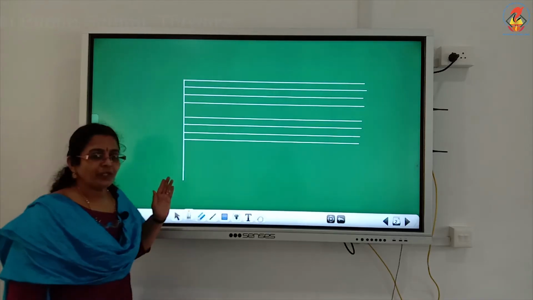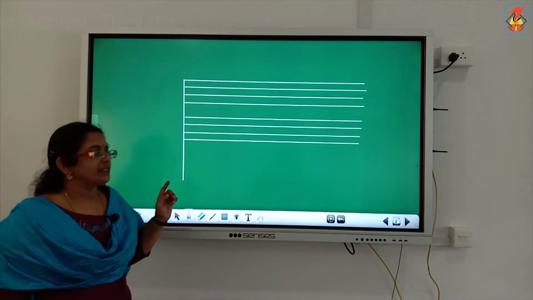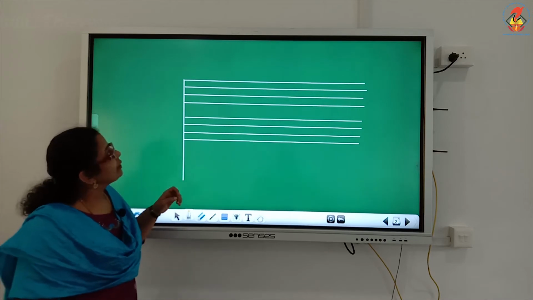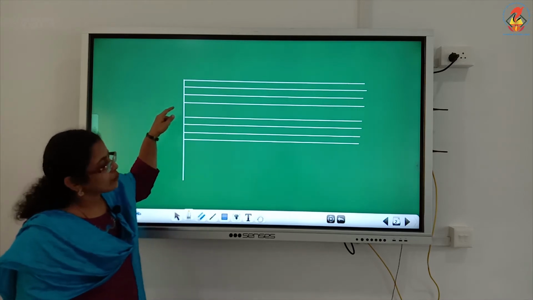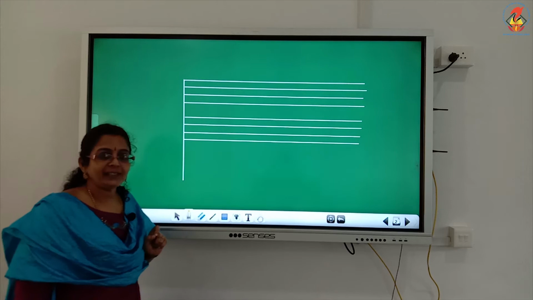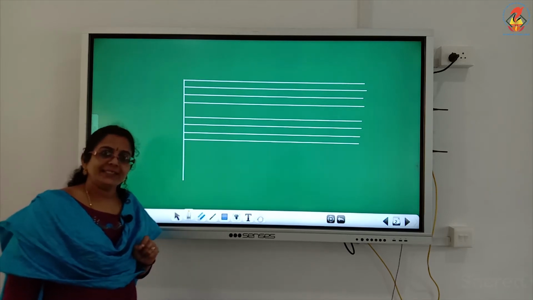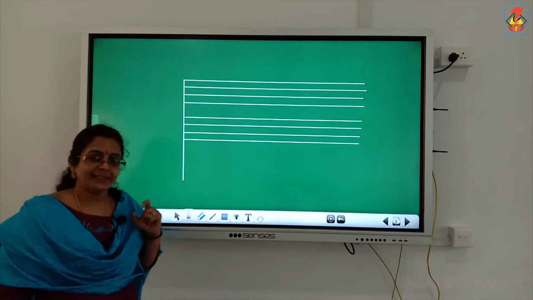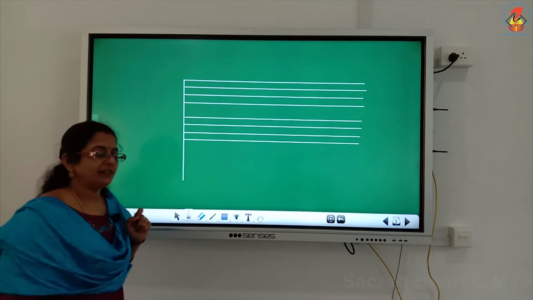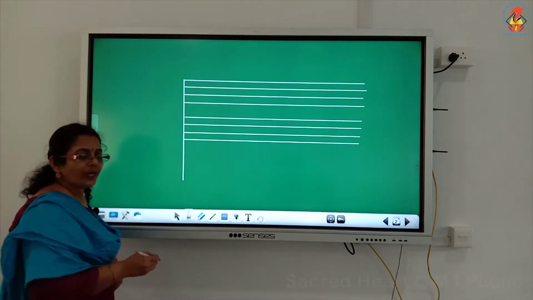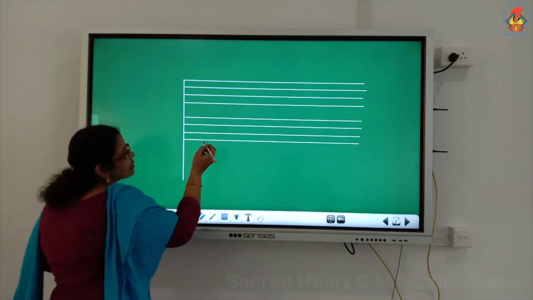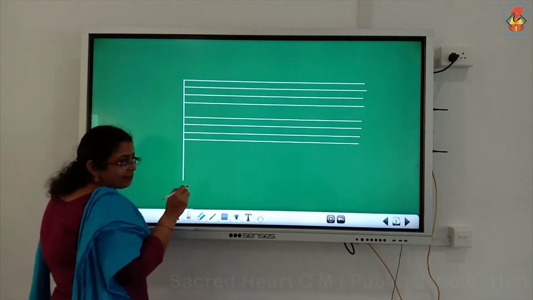Now children, we are going to write on the 4 lines. This is your 4 line and we are using only the second and third line for writing letter E because letter E is a short letter. So, we are going to write. For this, you take your pencil.